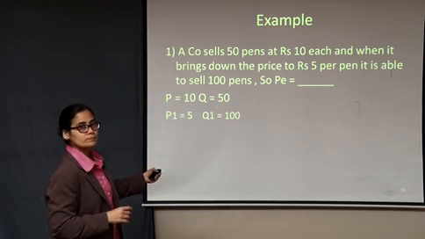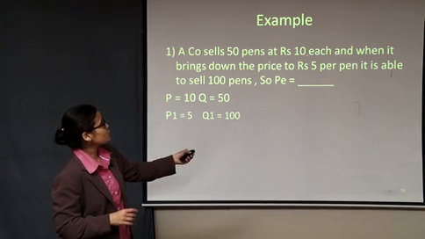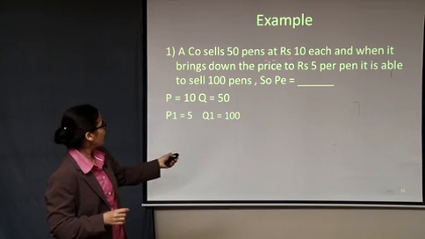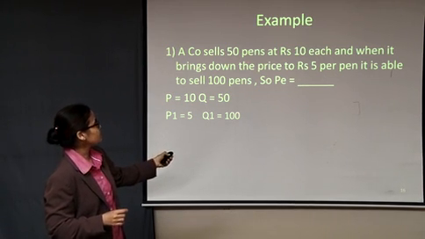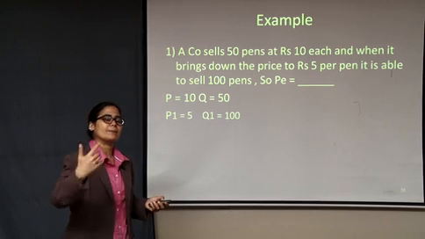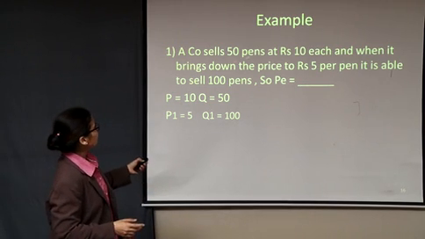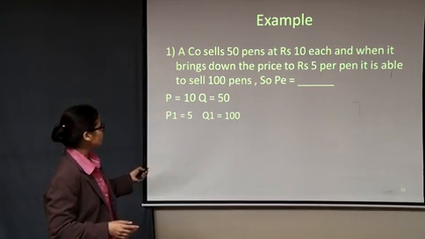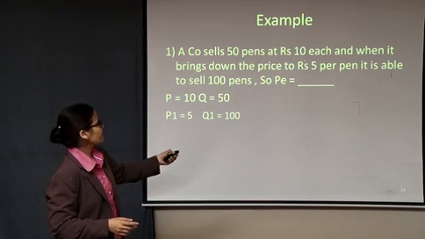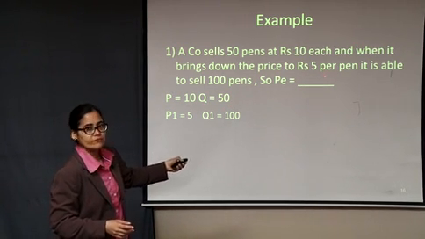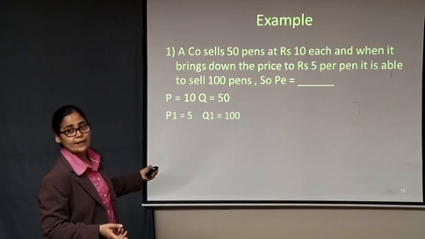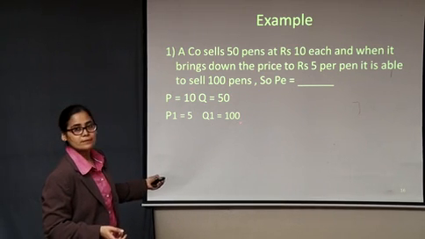Next is Q. Now when the price of the pen was rupees 10 each, how many pens was the company able to sell? Sell means we understand that people have demanded it. So Q, quantity demanded, is 50. Then when the price had come down to 5, the quantity went up to 100. So it's 100.